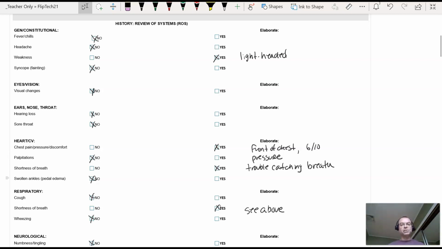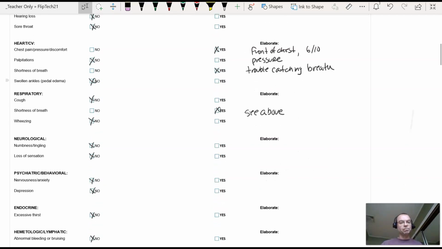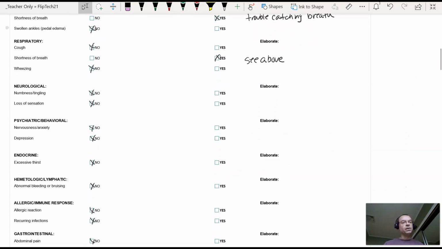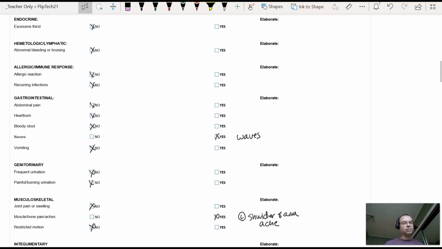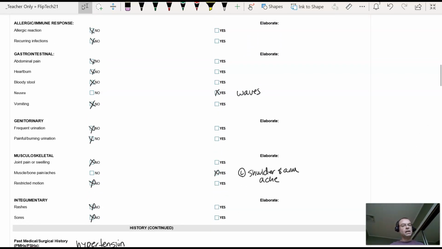No palpitations, but he does have trouble catching his breath. The rest of the review of systems, other than a few down here, is negative. He's got waves of nausea, and as far as muscle, bone, aches or pains, he does have left shoulder and left arm ache.